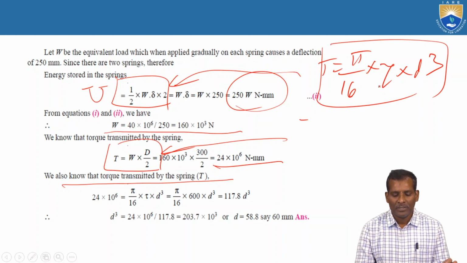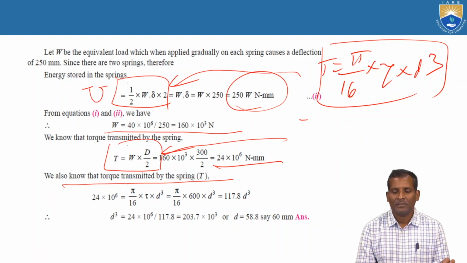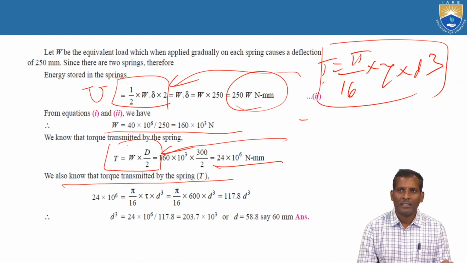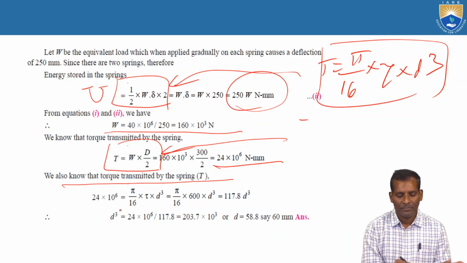Here tau is the shear stress and d is the wire diameter. This is unknown, the wire diameter we don't know. The torque is already calculated and the shear stress is also given in the problem. So substitute the given values and then find d.